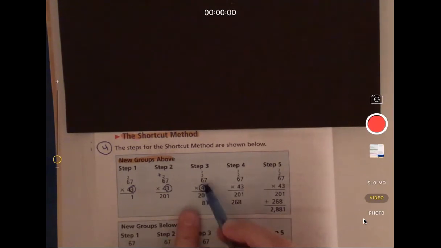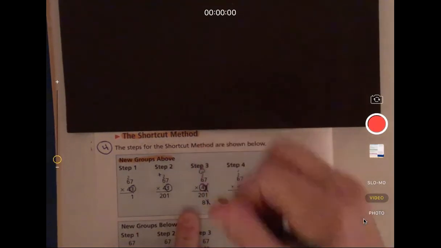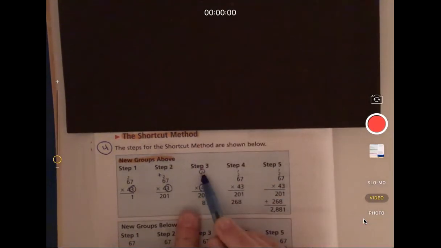It goes diagonally. 4 times 6 is 24, plus my 2 new groups above. So 24, 25, 26. I apologize, that should have been over here on step 4. So 26, I get to write it all down because there's nothing else to carry and make new groups for.